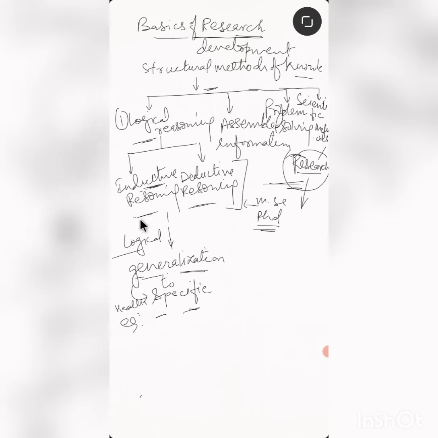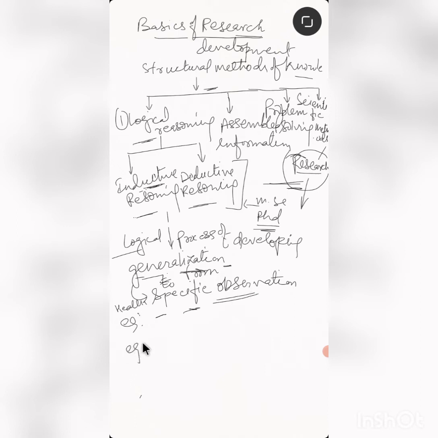What is inductive reasoning? Inductive reasoning is basically the process of developing generalization from specific observation.